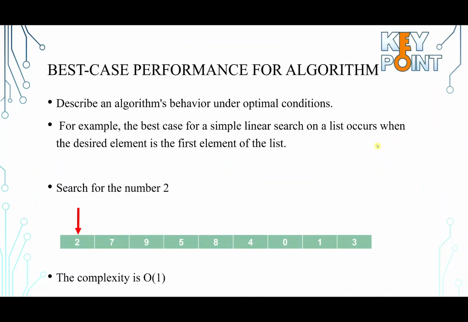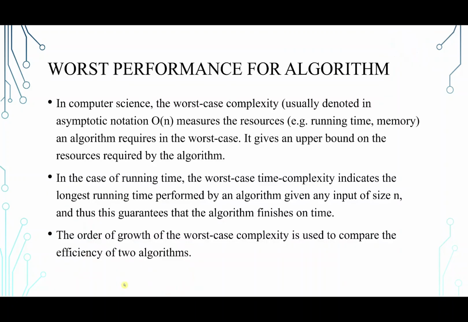The best case scenario is, if I'm searching an array for number 2, to find it at the very beginning. I just did one round and okay, I found it. This is a constant complexity. It's almost nothing, right? But for the worst case scenario, we use the big O notation.